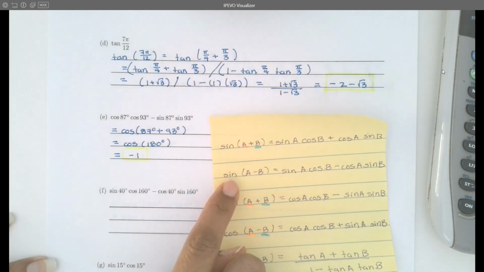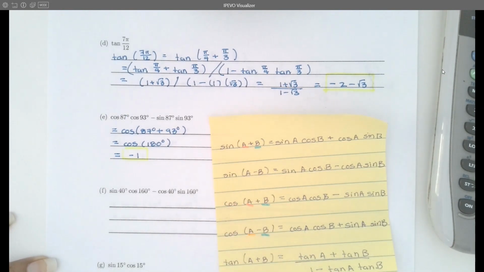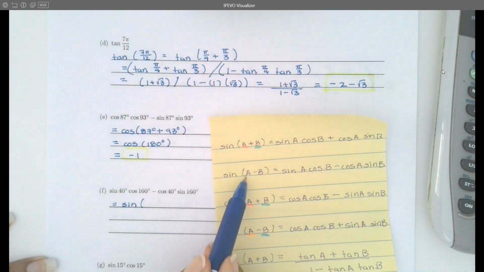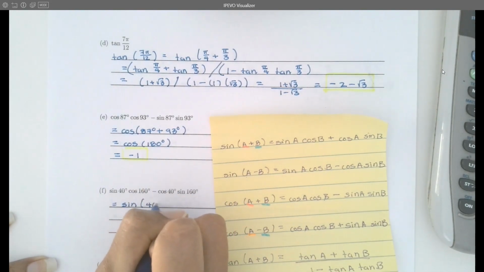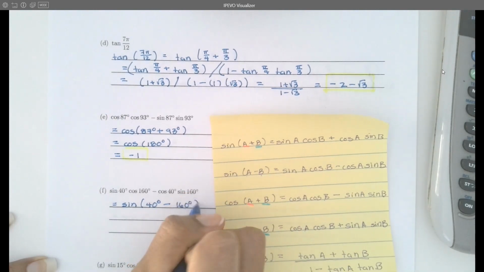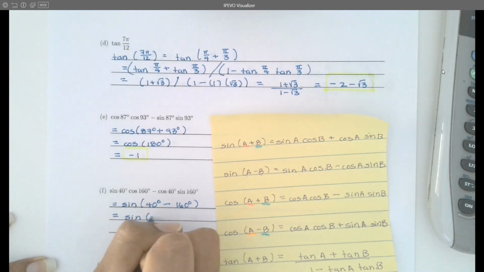And that is equal to sine of the difference of the angles, sine of A minus B. So this is actually going to be sine of angle A, which is 40 degrees, minus angle B, which is 160. And so that's going to give us sine of negative 120.